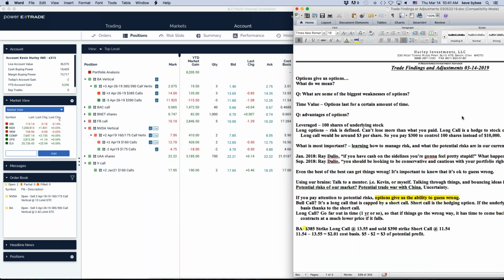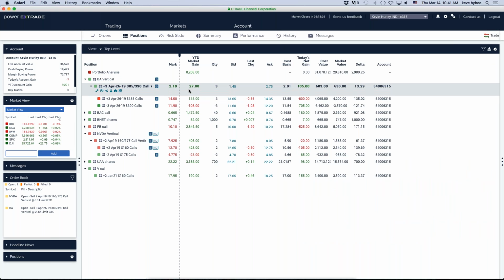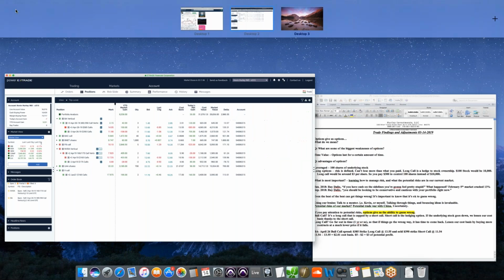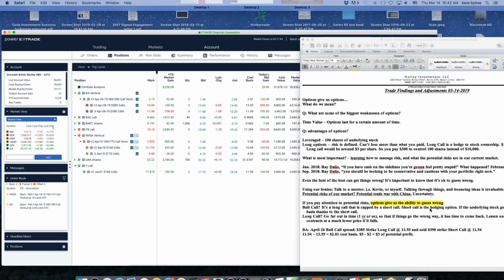Here we go again with my highlighter. It hasn't changed so much that if you've gotten into this one, it wouldn't be a bad one. He has a sell limit for $2.42 to make a good chunk of change. Obviously, it wouldn't be a terrible idea to follow along there.